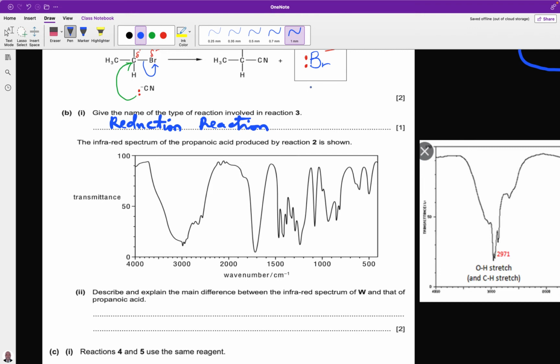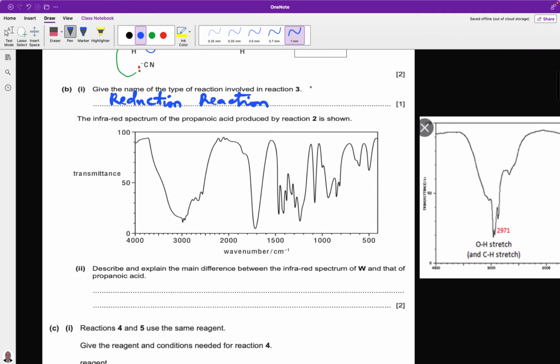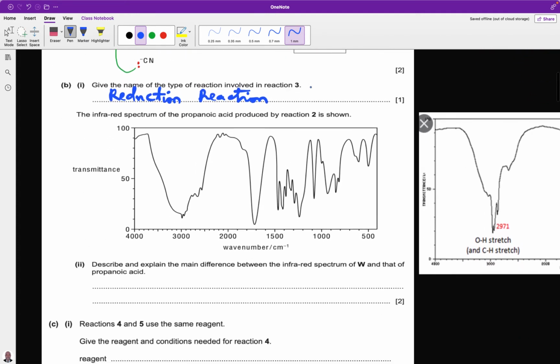Look at the peaks very well, where the peaks are broad, where they are sharp. Now, the question is, describe and explain the main difference between the infrared spectrum of the compound that was produced here, W, and that of propanoic acid.